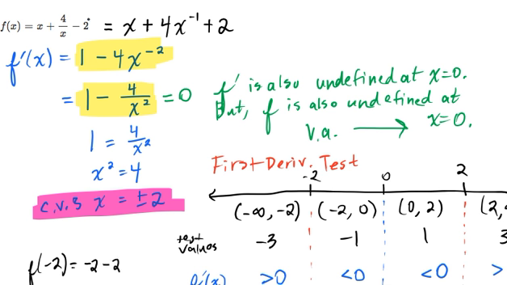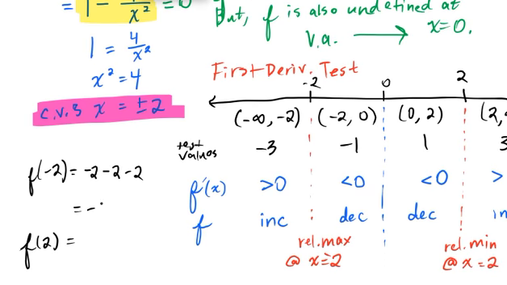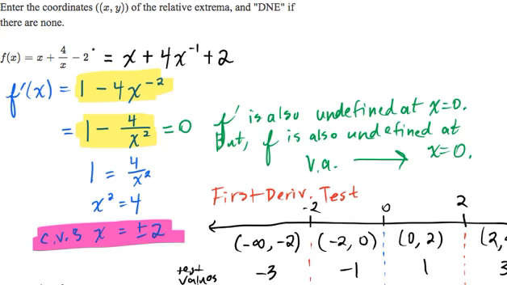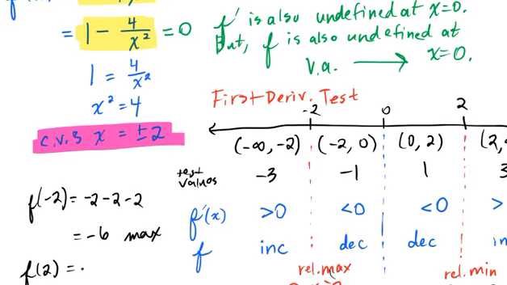Then we have this minus 2, so it looks like we're going to get negative 6 as my max, if I did this correctly. And then for f of 2, we'll have 2 plus 4 over 2 is 4, minus 2 is 2. So f of 2 is 2 as a relative min.